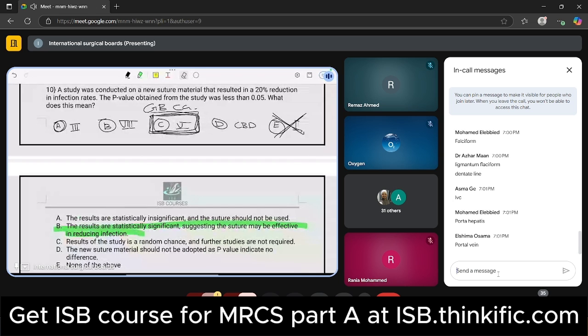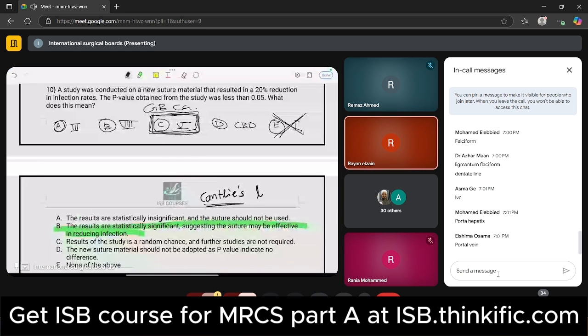It is not the porta hepatis. Portal vein? Not the portal vein. Do you know Cantlie's line? It's the name of a person. Hepatic vein?